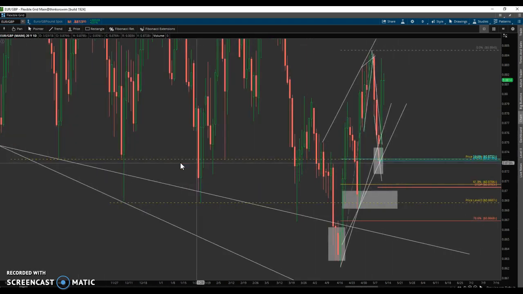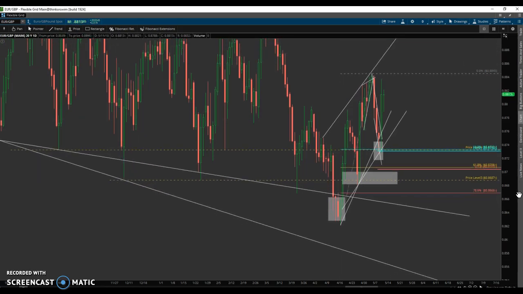The support and resistance is holding on both sides when the market uses it as a jumping off point for both buying and selling. You can tell that just by the impulsivity coming off of it in either direction.